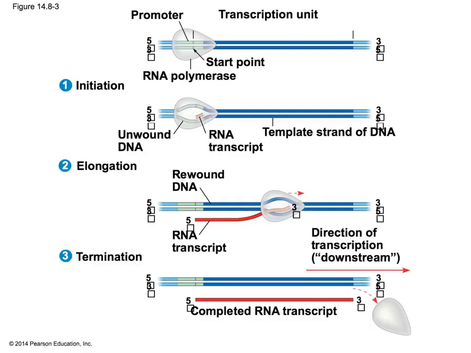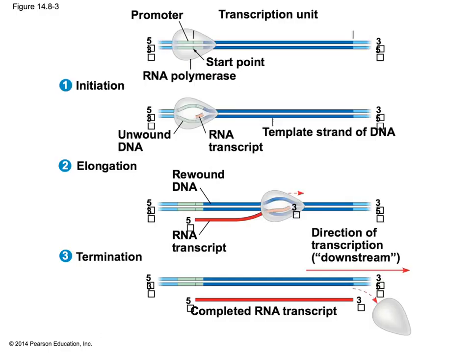So what you see up here is two parts of a DNA, a transcriptional unit. This right here is a full part of DNA. The dark blue part represents the gene, which is going to code for a protein at some point.